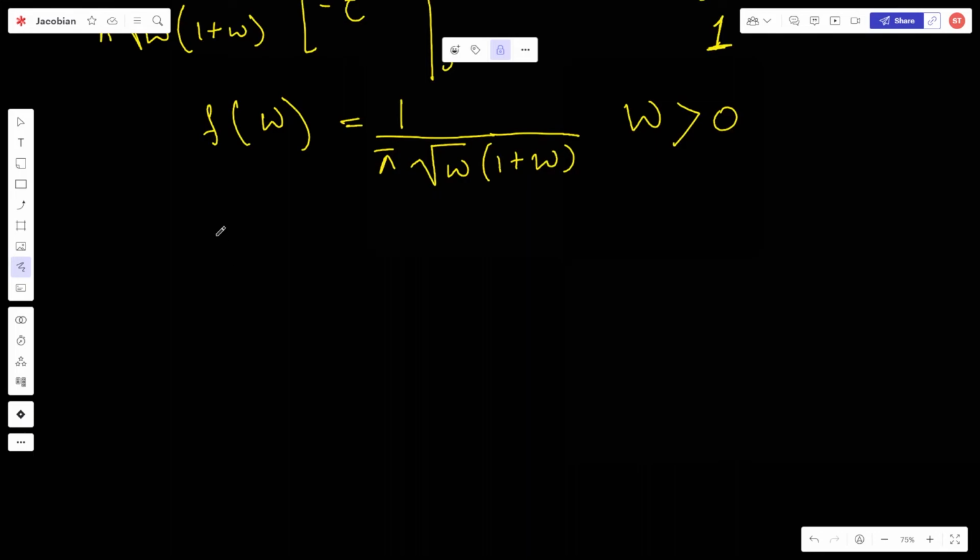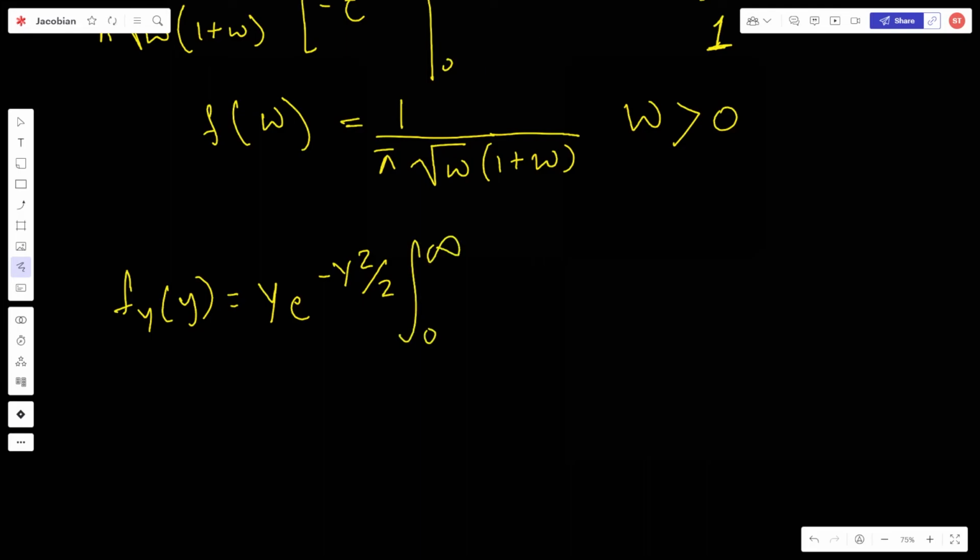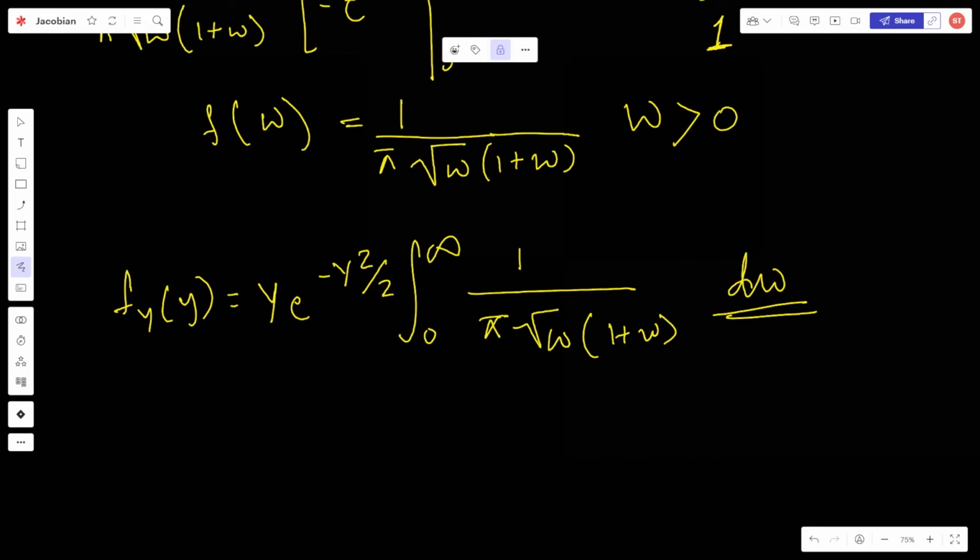So now that we know our marginal for w, we can substitute this value back into the equation and find the marginal for y. If we wanted to find f y of y, it's the same as saying y e to the negative y squared divided by 2, and if we were to integrate this from 0 to infinity, we have 1 over pi times root w times 1 plus w dw. Pull out all the constants, integrate it in terms of w.